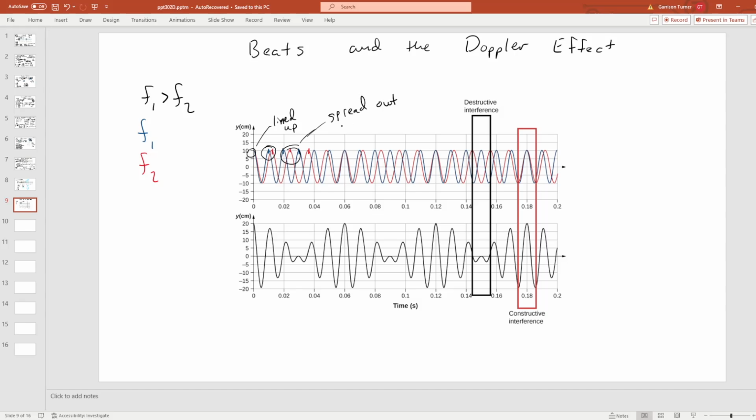You'll just continue to see this pattern: they line up, and then they're spread out, line up, spread out, line up. And this is as the signals are overlapping each other.